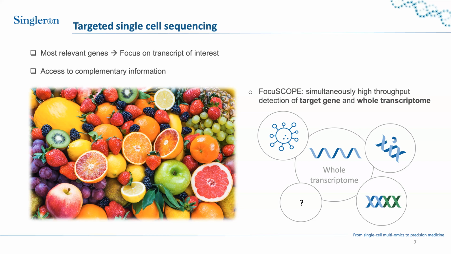So with FocuSCOPE, you can look at the whole transcriptome in addition to, for example, targeting specific mutations, targeting specific fusion genes, or looking into viral integration insertions. So basically, you can target what you are really interested in.